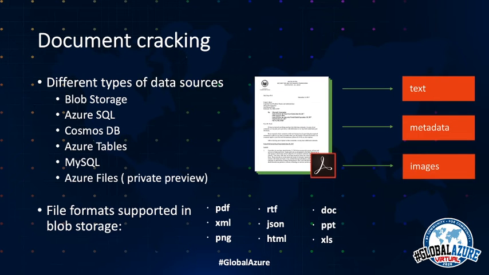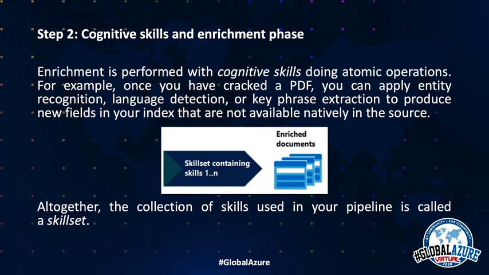After you get and extract the text, now it is time to perform the enrichment phase. So the cognitive skills take the turn. If you already cracked, let's say, a PDF file, you can apply entity recognition, language detection, key phrase extraction to produce new information, new fields based on this data, in your index that are not available in the original source.